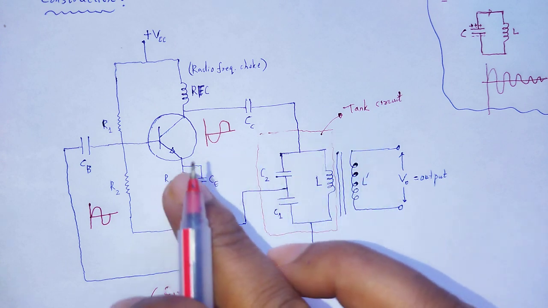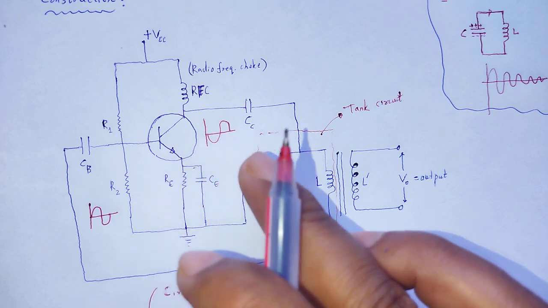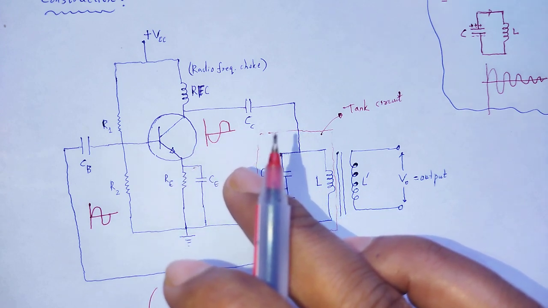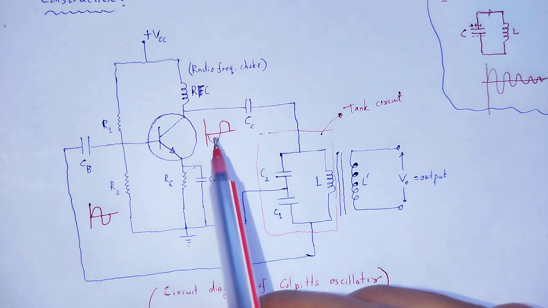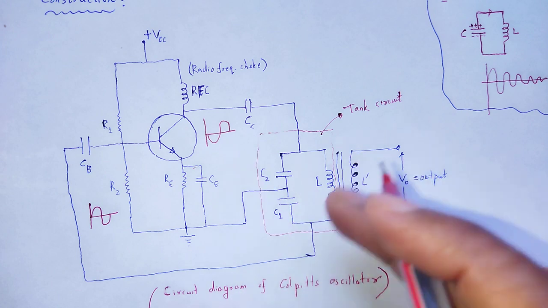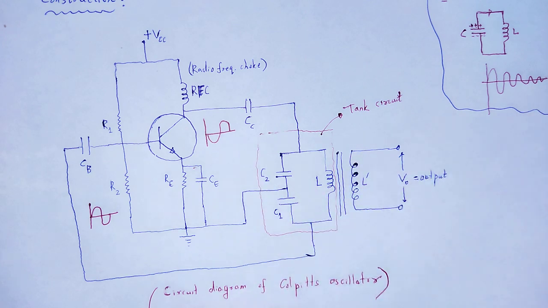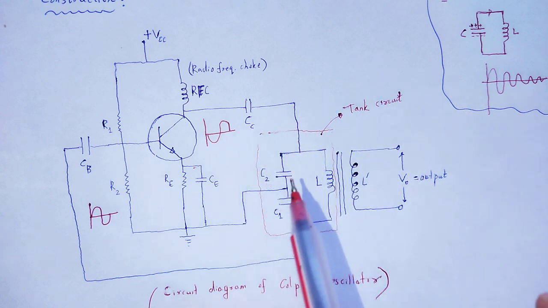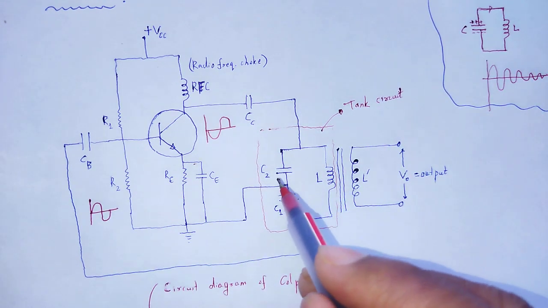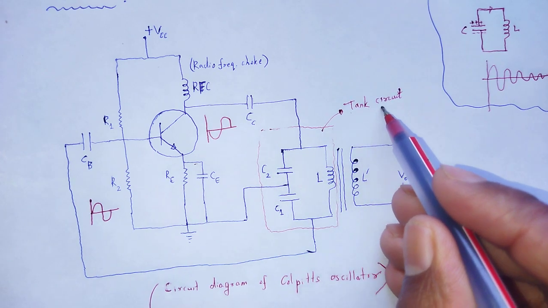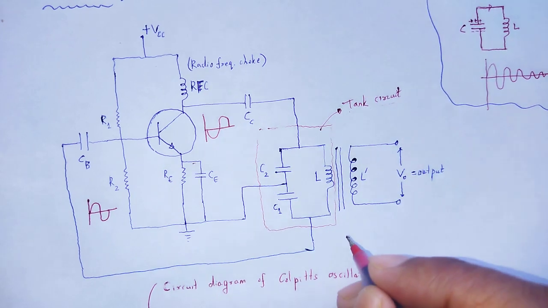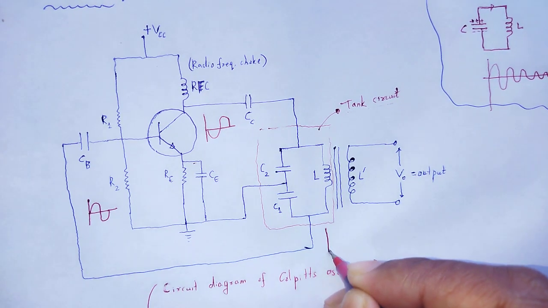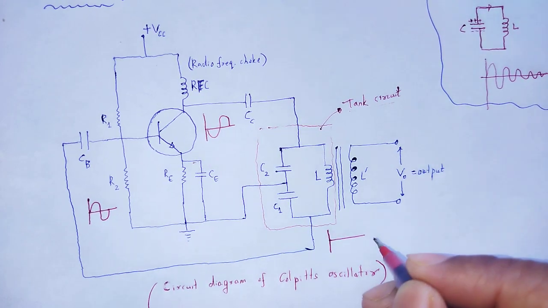The total phase shift throughout the entire loop must be either 0 or an integral multiple of 2 pi, meaning 360 degrees. The amplifier gives a phase shift of 180 degrees. So an additional 180 degree phase shift is needed, and that additional phase shift is provided by the LC circuit, or tank circuit. It provides the further phase shift.